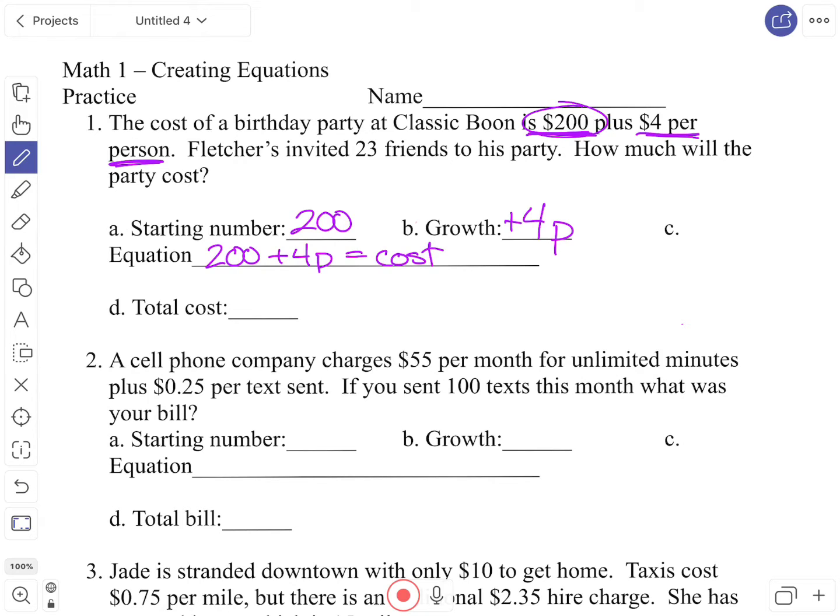Now, to solve this, let's think about it. We have 23 friends coming to the party, right? So if I really wanted to, I could think of this as, for each of those friends, we're spending $4. So I'd be adding 4, 23 times.